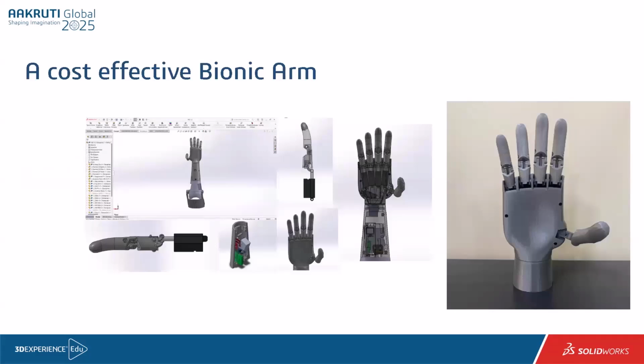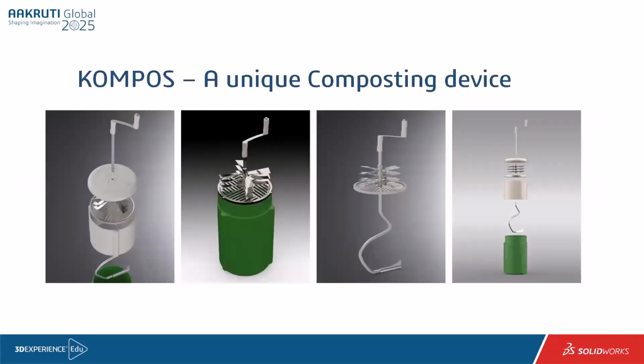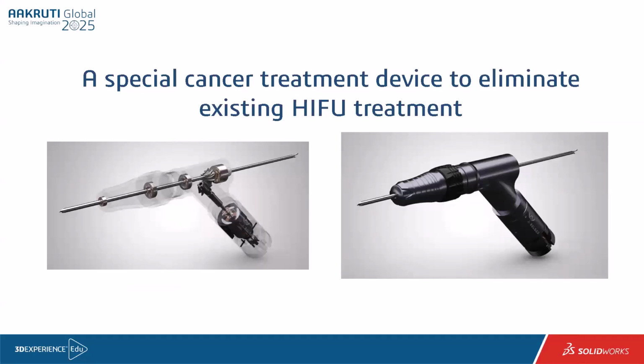Then there is a cost-effective bionic arm, a prosthetic arm. Then there is a unique composting device, which was named Compost. Then there is a special cancer treatment device to eliminate existing HIFU treatments.